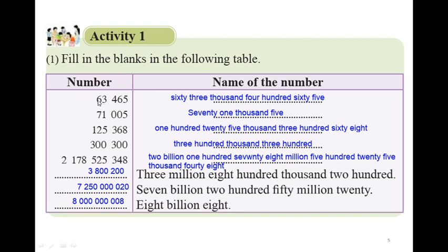What's the first zone we have? This is 63,000, and 63,465. This is 71,005, just 5. Here we are still in the thousand zone, 125,368. Here also we are in the thousand zone and unit zone.